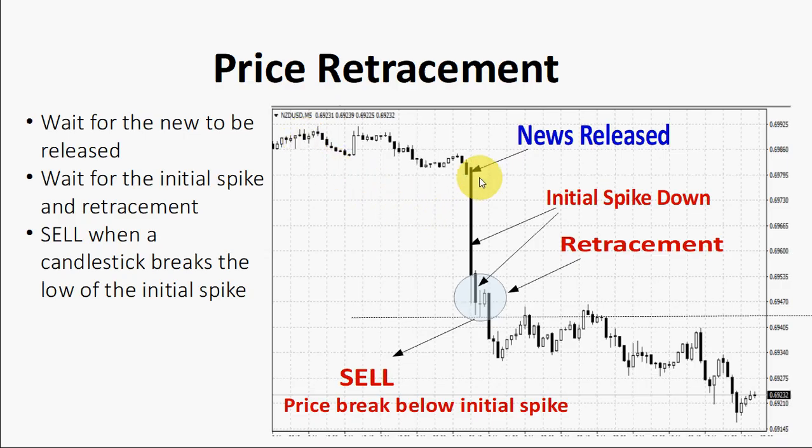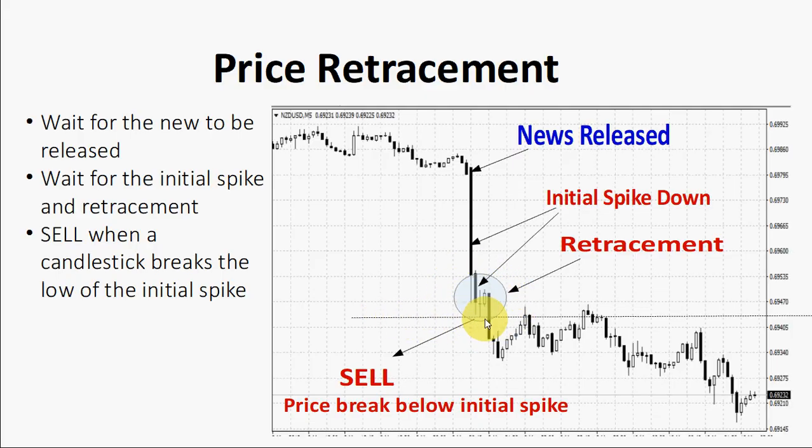So what you are looking for is the spike. You are looking for the initial spike. So we look at here, the first candle here is the initial spike, followed by the second candle. After that, you see a retracement. So after the retracement, the breakout. So you'll wait for the retracement to complete and you will go with the breakout.